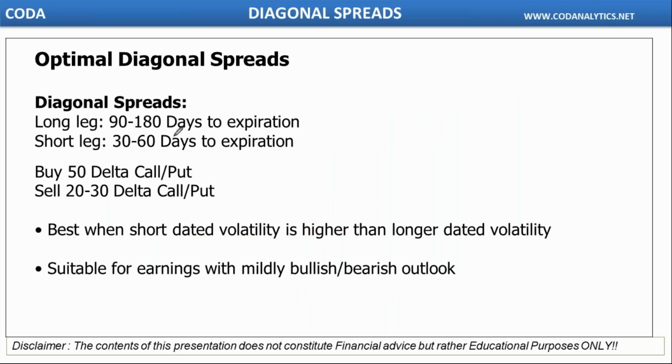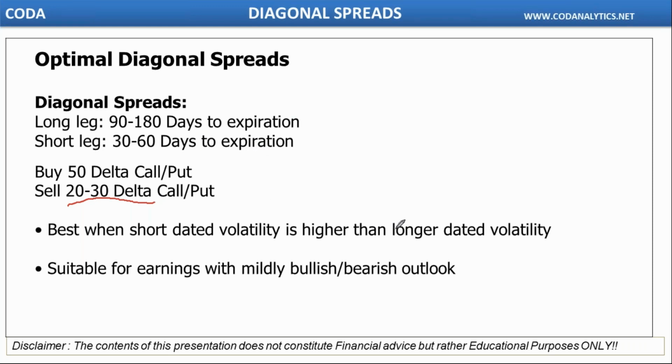If you look at it, the only difference between the diagonal spreads and the calendar spreads is just the delta for the short put or call. That's the only difference. The rest, the long leg, the short leg, expiration, and the conditions are the same.